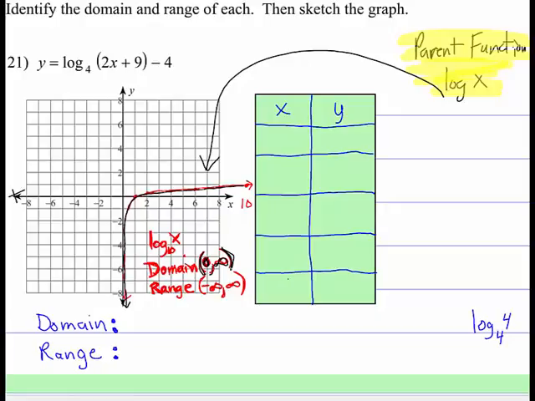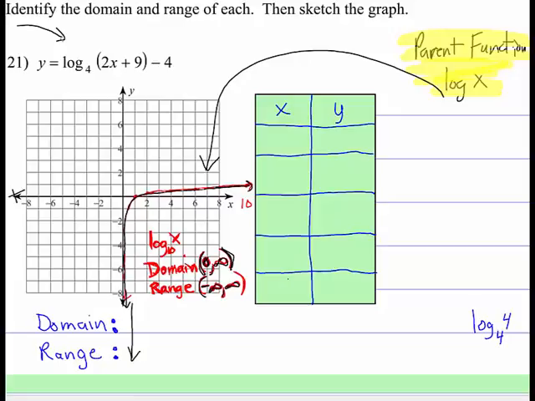But let's look at the range. The left side, it's going down infinitely, but if we continued infinitely to the right, that would be going infinitely up. So the range of this is negative infinity to positive infinity. But what it's asking for is the domain and range of the given function.